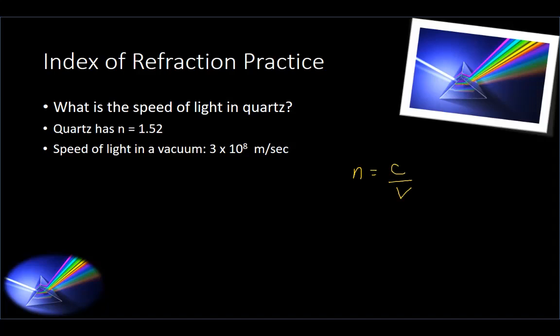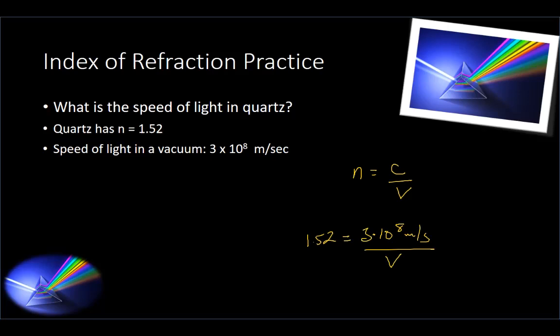We take n, which is equal to 1.52, and that's equal to c, 3 times 10 to the 8th meters per second, over v. Now, I will point out that n does not have any units. So in order for n to have no units, the velocity of the light as it goes through the medium, in this case quartz, has to have the same units as the speed of light in the vacuum. So this will be in meters per second.